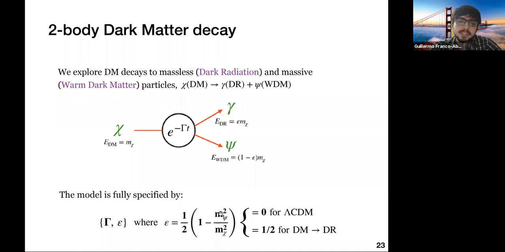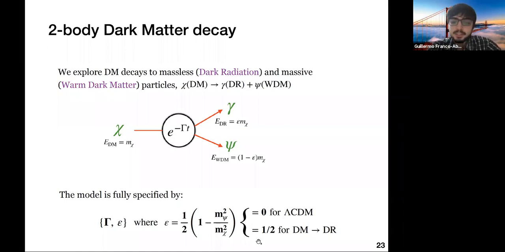So what this epsilon parameter is also telling us is about the thermal nature of the decay product. We can understand this by looking at the lower and upper limit of this epsilon parameter. The lower limit of epsilon is 0, and this corresponds to the case where these two masses are equal. And this is actually ΛCDM, because what this says is that the massive daughter has the same mass as the dark matter, so it is diluting in exactly the same way.